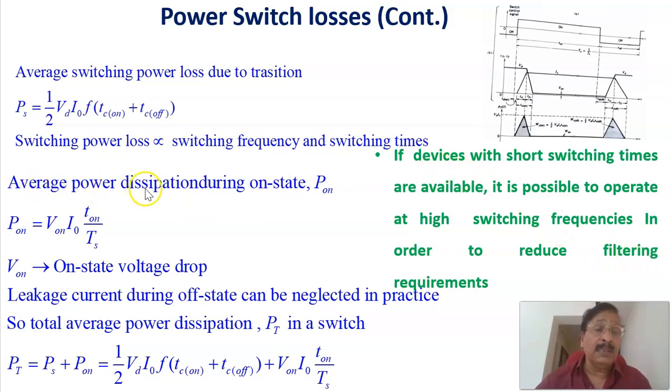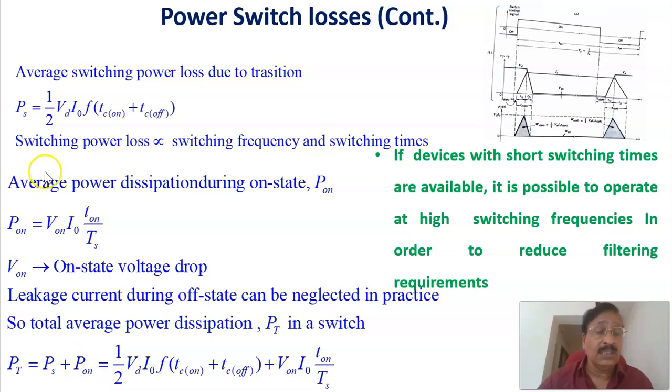Therefore, the average power dissipation in the on state, P on, is given by V on into I0 into T on divided by Ts. That is the power loss during the on period, where V on is the on state voltage drop. The leakage current during the off state can be neglected in practice. So the total average power dissipation PT in the switch can be written as PT equal to PS, that is the switching losses, plus the losses during the on period.